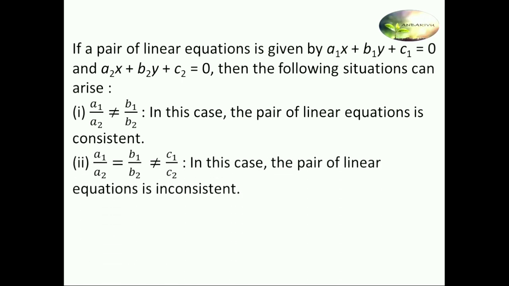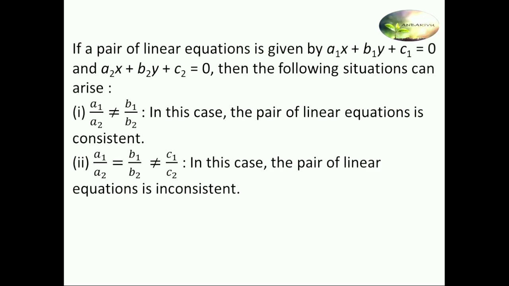Then second case, a1 by a2 is equal to b1 by b2 is not equal to c1 by c2. Here the ratios of the coefficients of x and y are equal, but not equal to the ratio of the constants. The pair of linear equations is inconsistent.